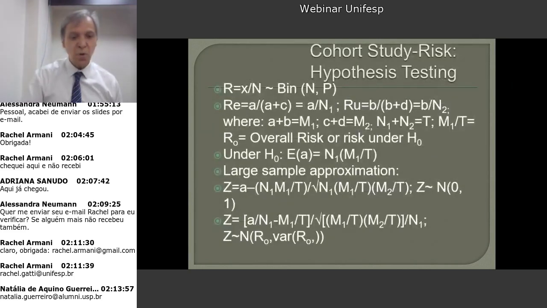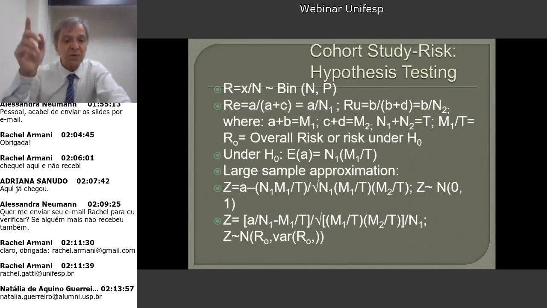But I want you to be more acquainted with using a normalized distribution. It's a little different here, and there are many formulas. One of them, the one I gave a little before, 1 over A plus 1 over B, is also for rate, and can be used here too. But the other one is this: Z equals A minus N1 M1, M1 multiplied by M1, divided by T, that's the total. This is a count data table, not density, there's no person-time.